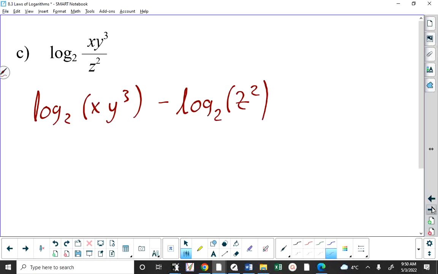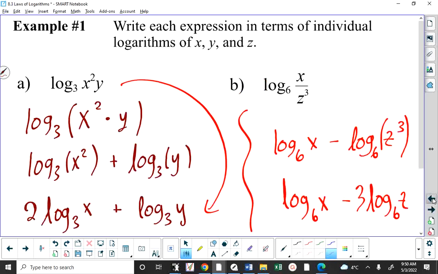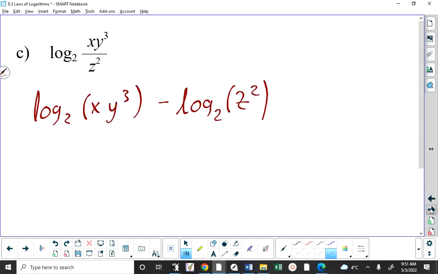Because of the quotient law, it's the logarithm. I better check something here. Good. I thought maybe I put a plus here, but it is a minus. The quotient law says you subtract the logarithms, the logarithm of the numerator minus the logarithm of the denominator. But this argument of xy cubed is a product, so I can write this as log base 2 of x plus log base 2 of y cubed.